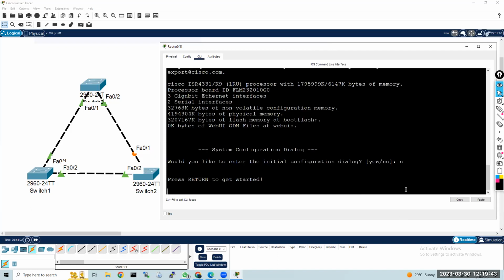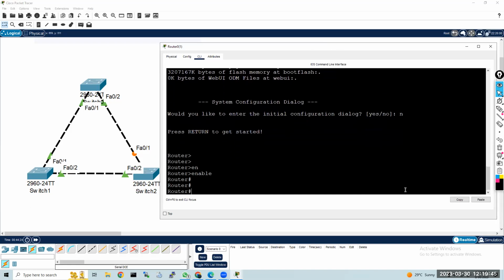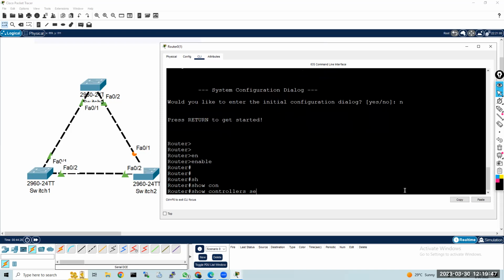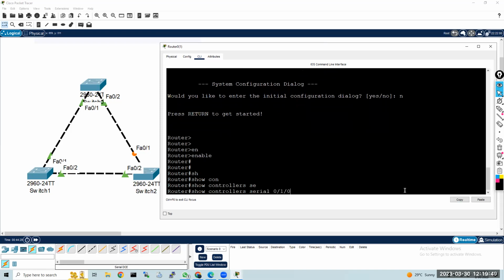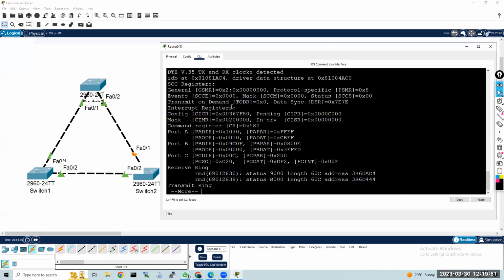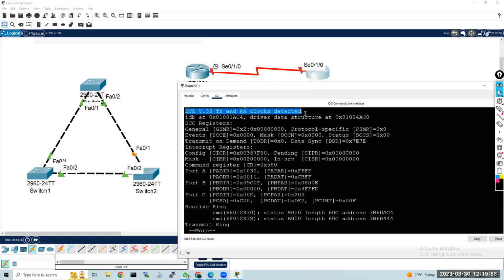This is quite important. Show controller serial 0/1/0. So we can see this should be the DTE interface. This side will receive the clock signal, and the other side will generate it.